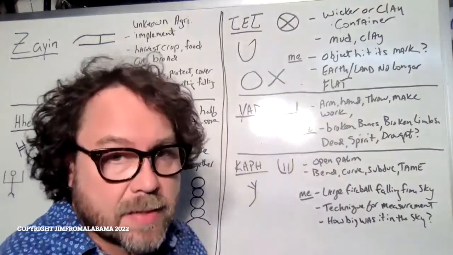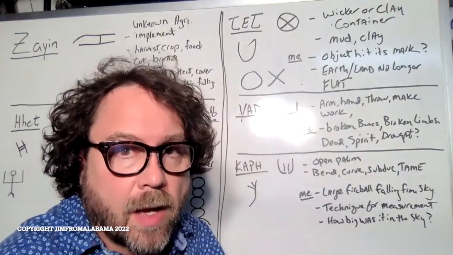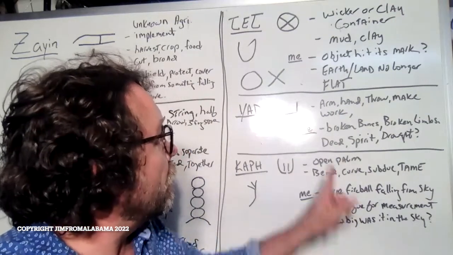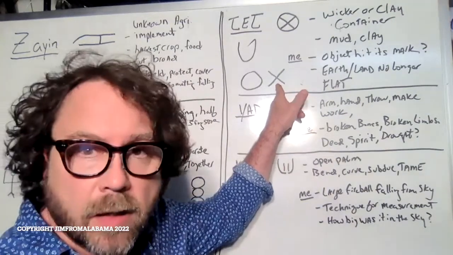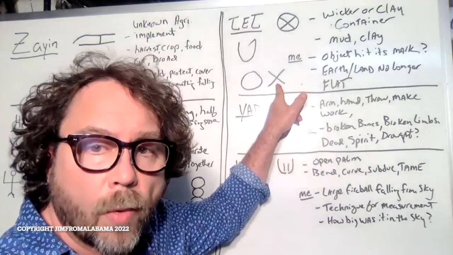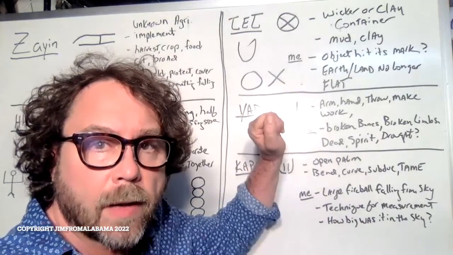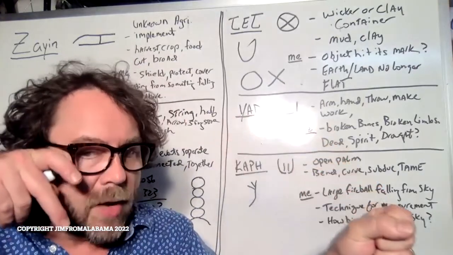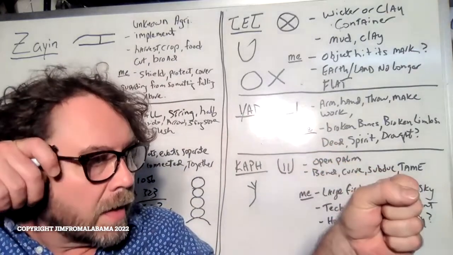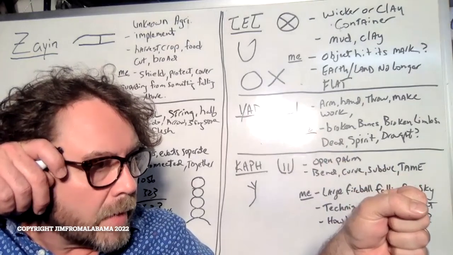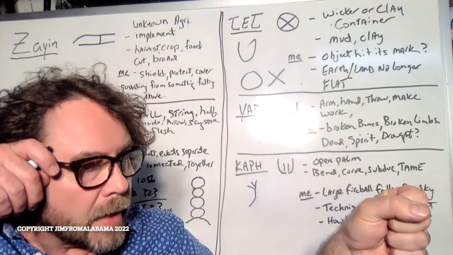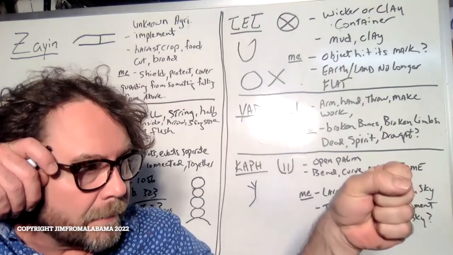What I think this is, this one means no or no more. Because if you think about it, as you have your arrow knocked and you're about to shoot an animal, your bow is straight up and down.